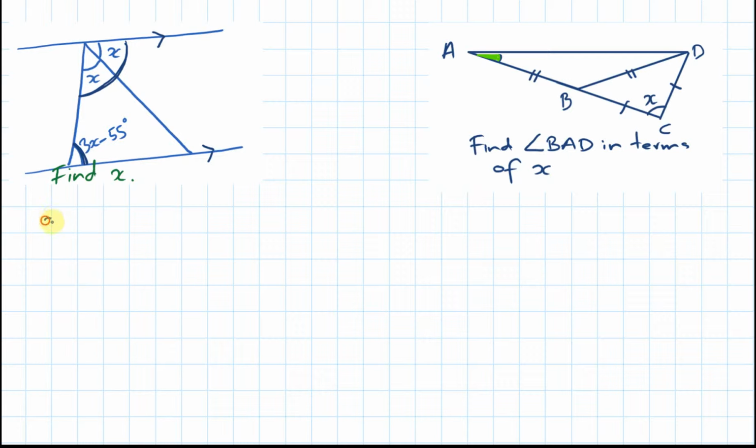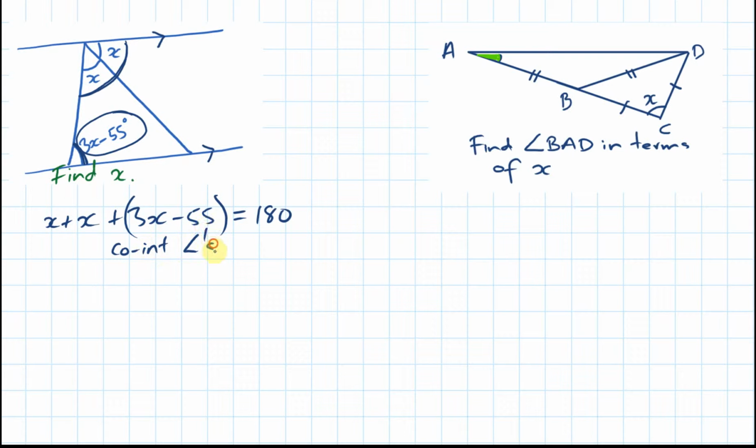So I've got x plus x plus that expression there, which is 3x minus 55, and adding those we get 180.